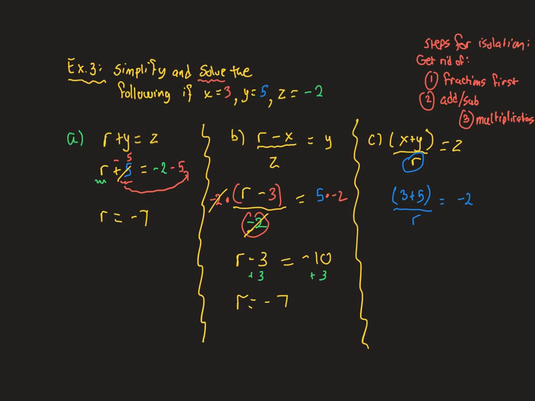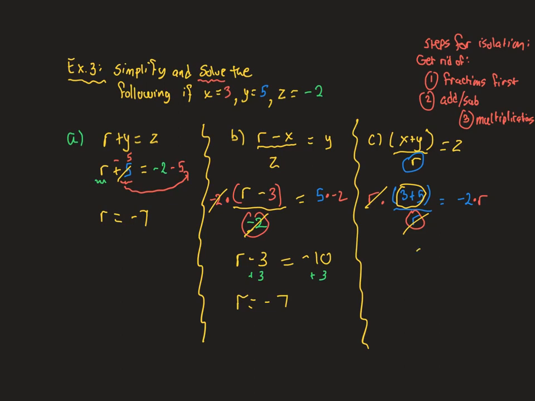Okay. Now, once again, I want to get rid of my fraction. Okay, to do that, I'm going to multiply both sides by r. Okay, which is going to end up getting rid of these r's here, leaving me with 3 plus 5. Well, 3 plus 5, well, that's 3 apples plus 5 apples.